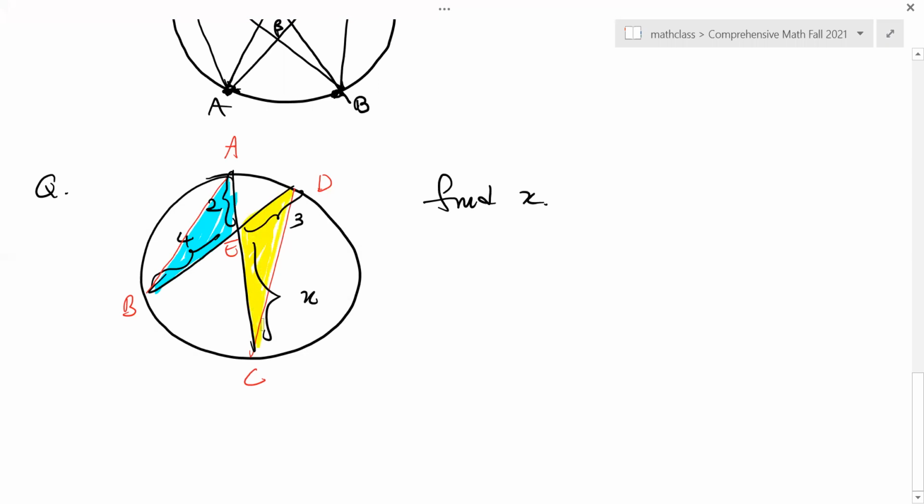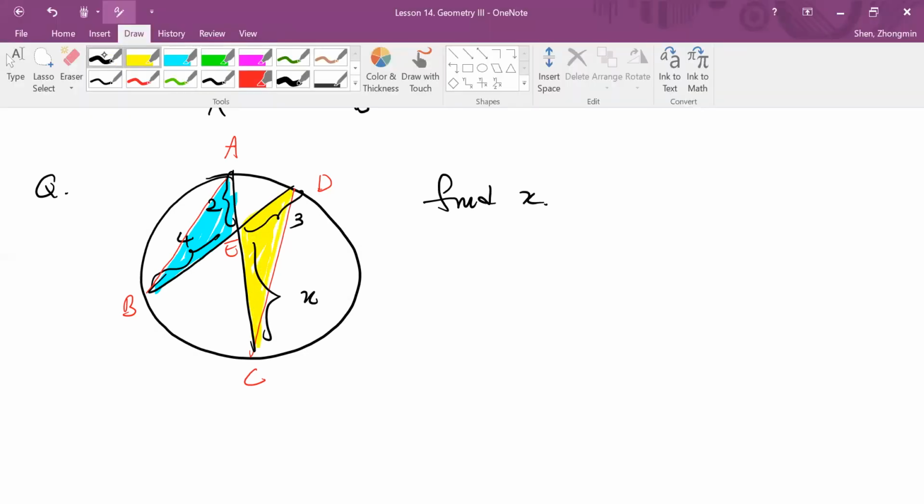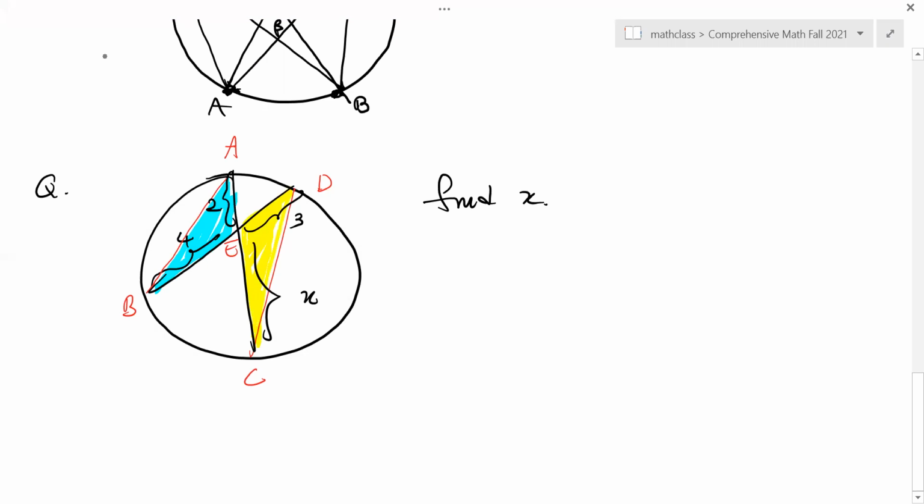I said those two triangles are similar. How do you see that? This angle is alpha, and that will also be alpha. Why?